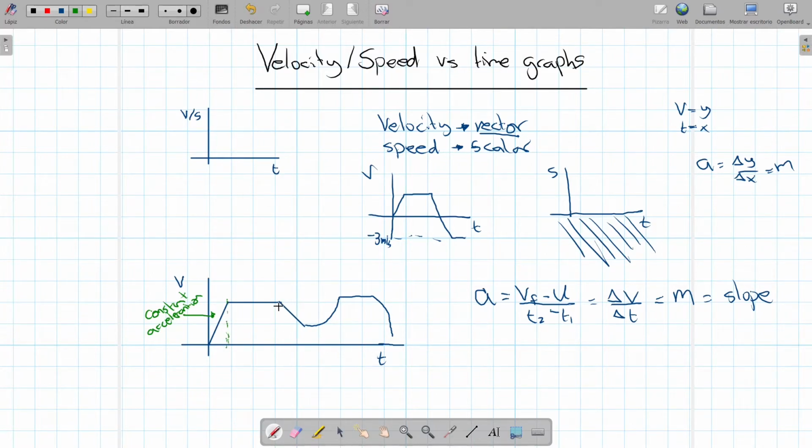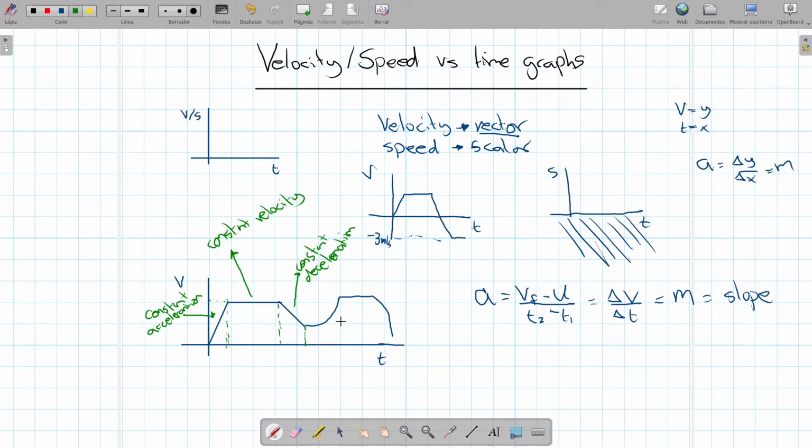A straight line going down means constant deceleration, so it means the velocity is decreasing at a constant rate. A horizontal line means the velocity hasn't changed in that time, so it means constant velocity or constant speed, uniform velocity.